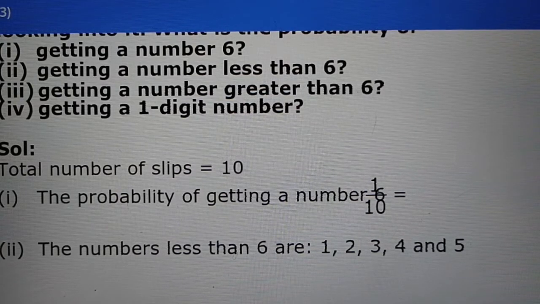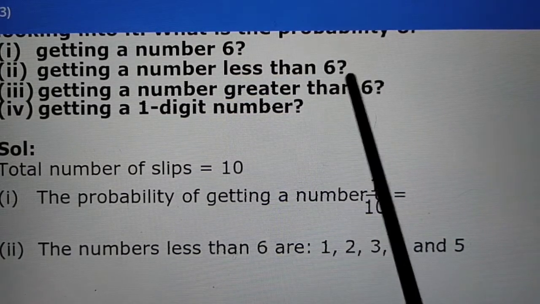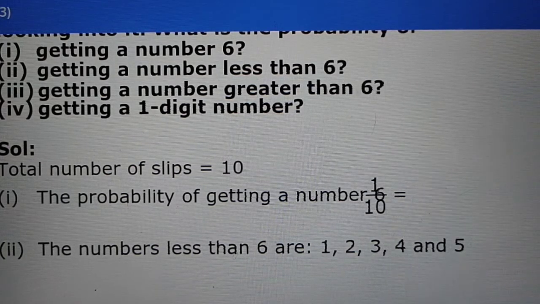Now students, the second question is getting a number less than 6. So how many numbers are less than 6, which are our favorable events? The numbers which are less than 6 are 1, 2, 3, 4 and 5.